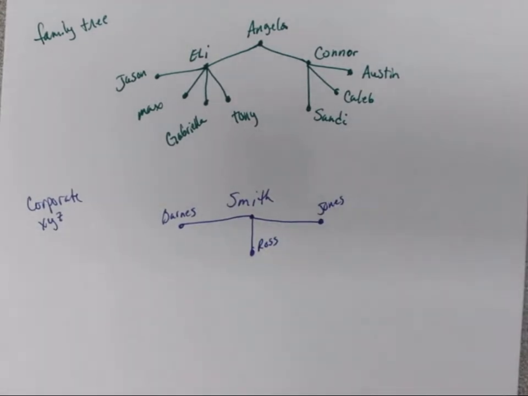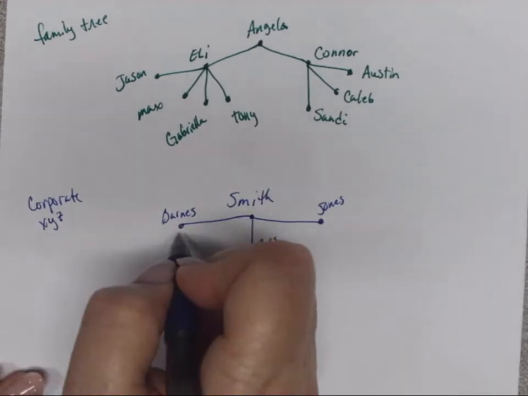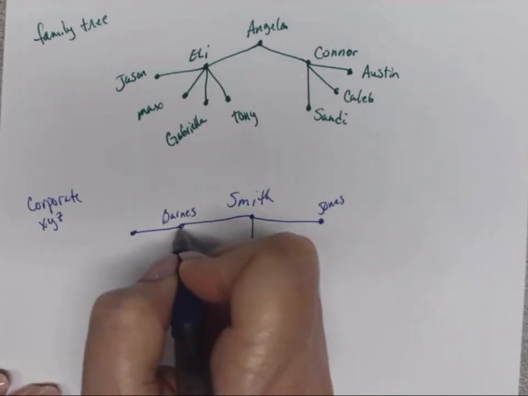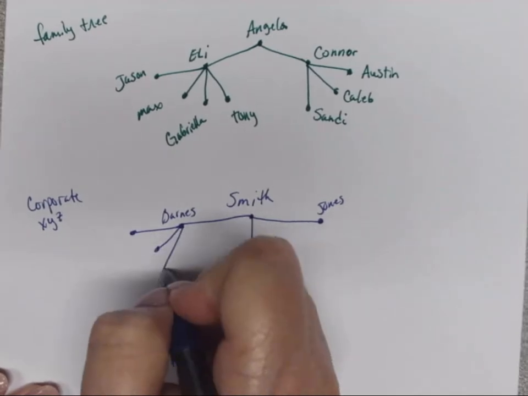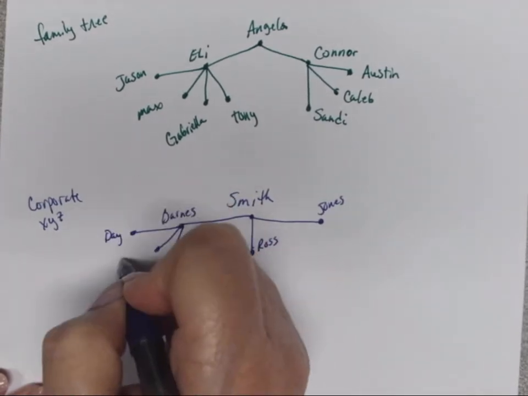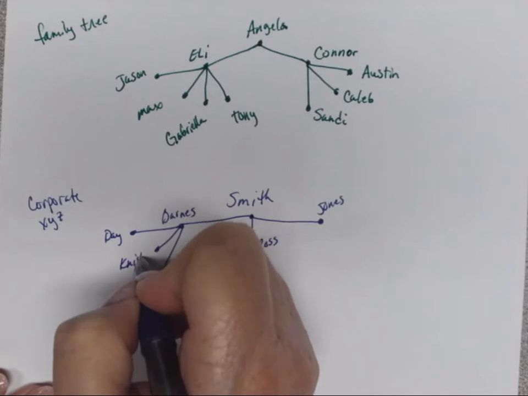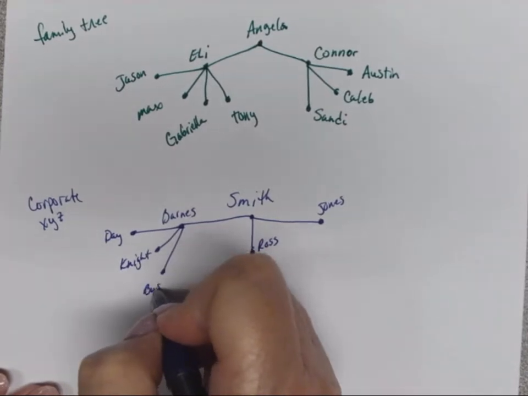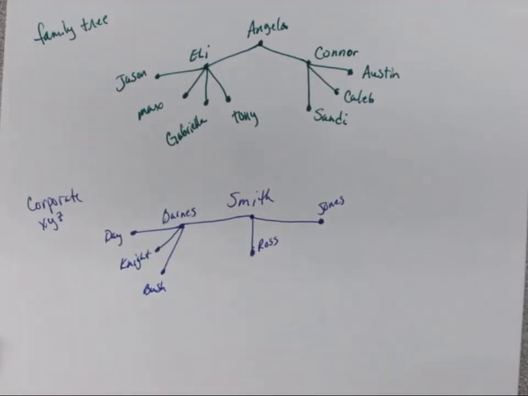Now Barnes has 3 managers, Day, Knight, and Bush. So Day, Knight, and Bush. And Ross has 3 managers, Adams, Holt, and Webster.